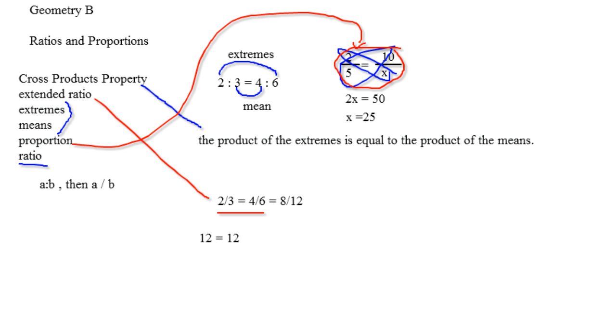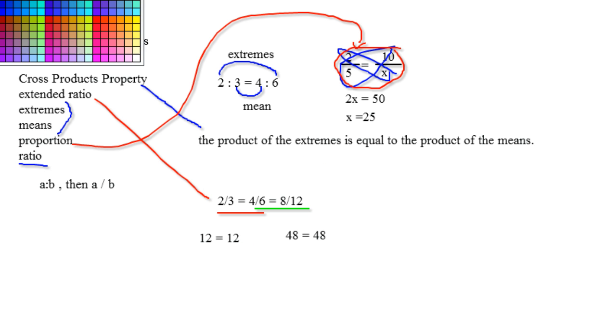Then I do a different cross product of these two and see if they are equal. So 4 times 12 is 48, and 6 times 8 is 48 as well. So those are also equal.